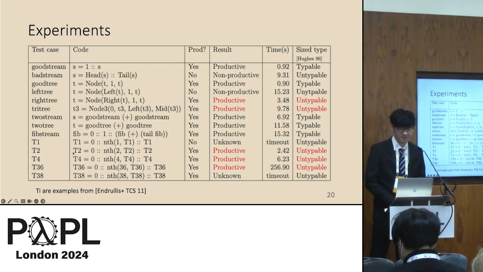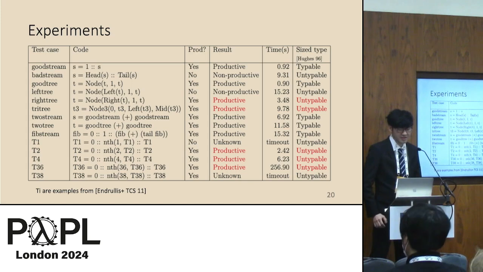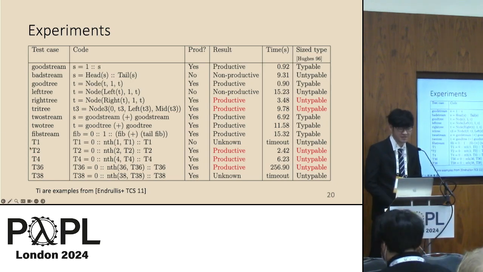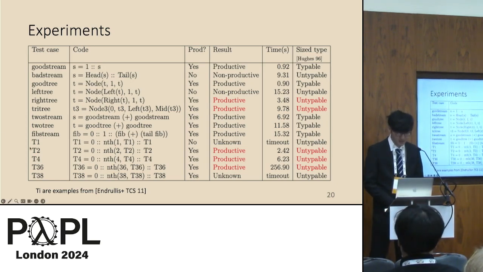First, the performance for refutation, such as left tree and T1, is low because our non-termination checker can't find counterexamples efficiently. Second, the performance for the higher order case is also low. The improvement for these cases is our future work.